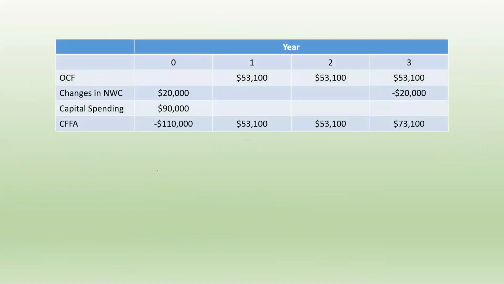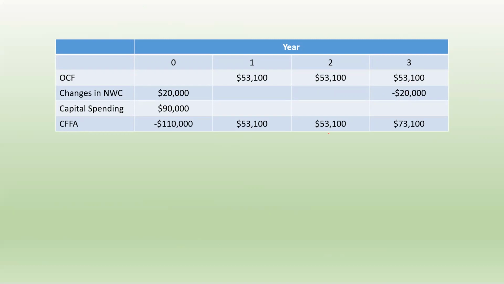So this is the cash flow table. For operating cash flow, first year you have 53,100. For year 2 and year 3, we all have this operating cash flow. The changes in net working capital at t equal to 0, you have invested in inventory, so it's 20,000. And in year 3, you will sell all the inventory and you will pay your suppliers.